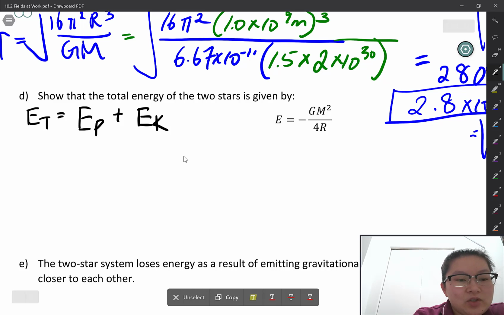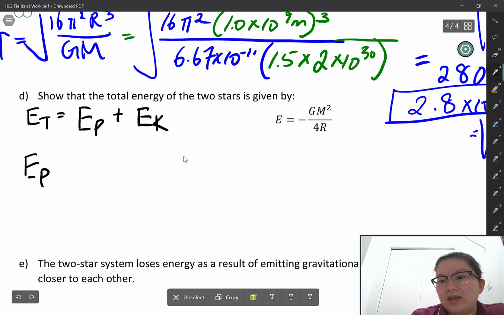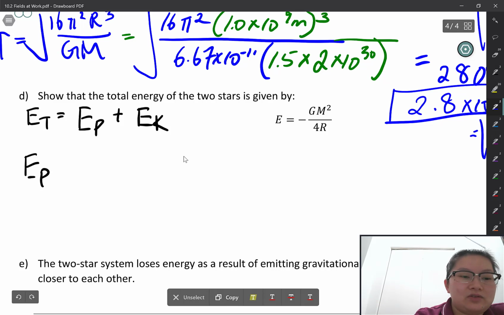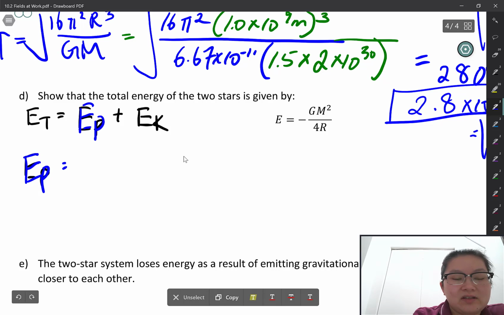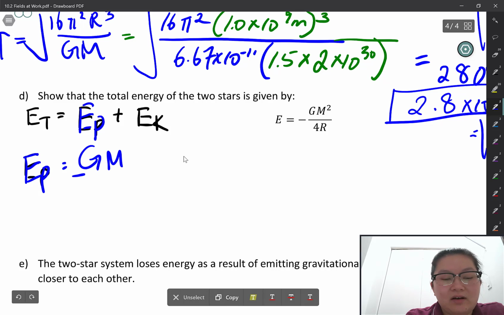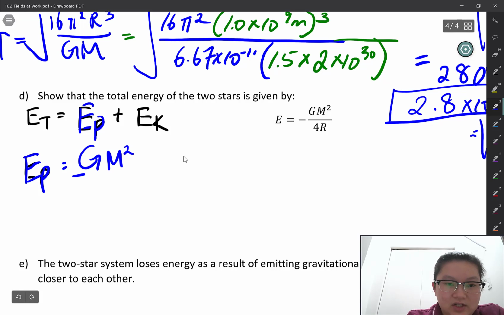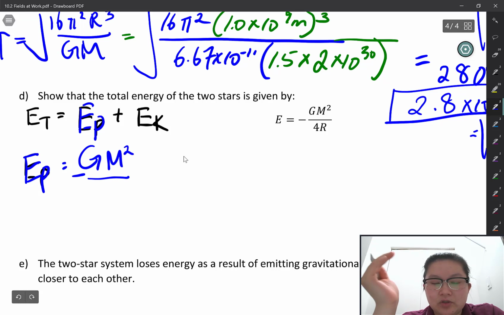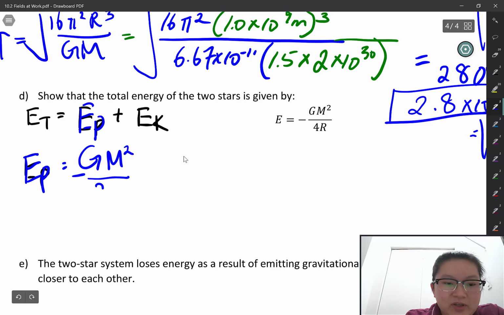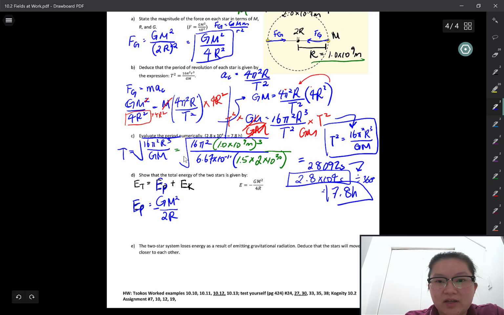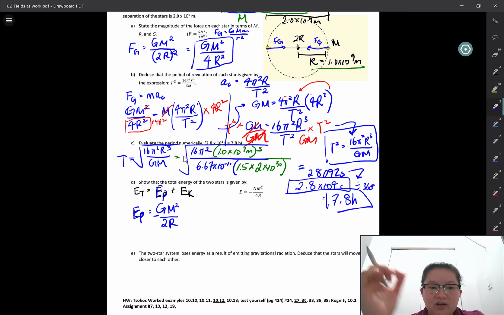Okay, so let's go and find the potential energy. We know that potential energy is, okay, let's use blue maybe. Potential energy is, first of all, negative, but it's the constant times the masses, essentially, divided by the separation of the two. The separation is going to be 2r, because that's how far apart they are.